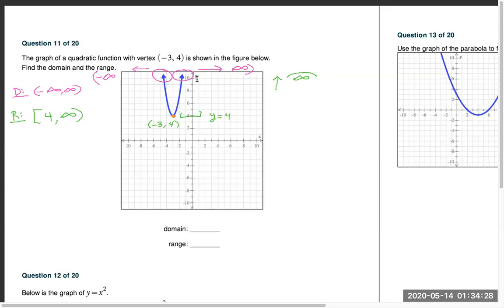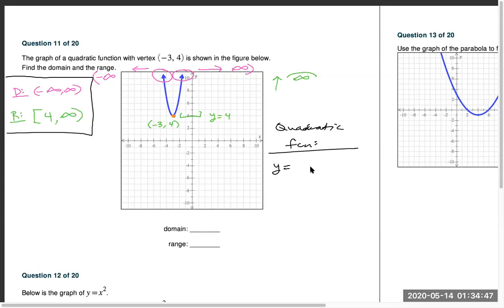So that covers the first problem already. There's your domain and range for question 11. A little hint for you for a quadratic function, which will be of the form y equals ax squared plus bx plus c if you had a formula for it, and this can sometimes be written in function form: the domain for any quadratic will be -infinity to infinity, okay?